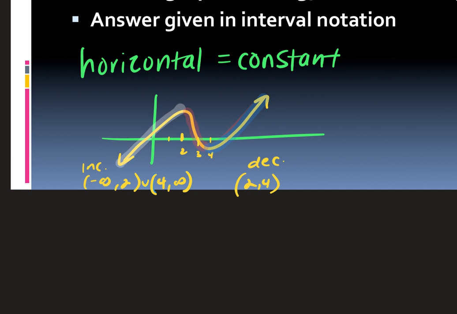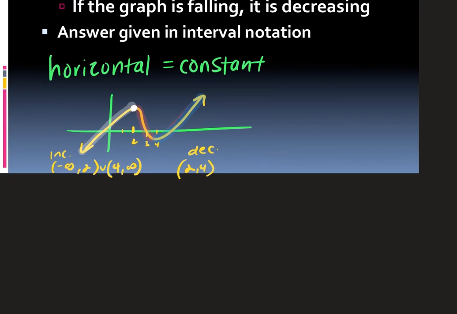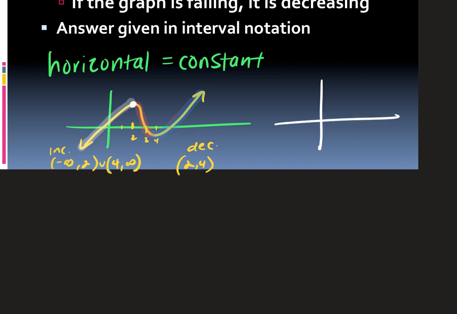A point, like this point, cannot be increasing or decreasing, right? It's a point. The only characteristic a point can take on is constant, and that's only if that point is not shared by an interval that's increasing or decreasing. So the only time you're going to see a bracket in increasing and decreasing is if your function starts constant.